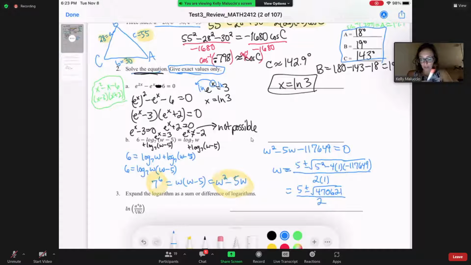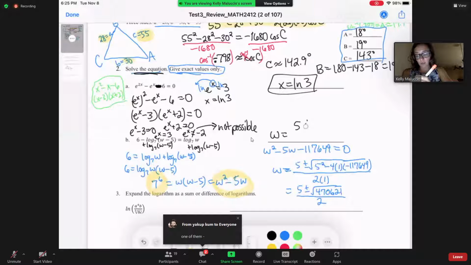So your answer here is actually just W equals 5 plus or minus. Oh, but it's probably not the -1, right? You would have to check that. I'm assuming the square root of this is bigger than 5, so this is going to be negative, not the negative answer.